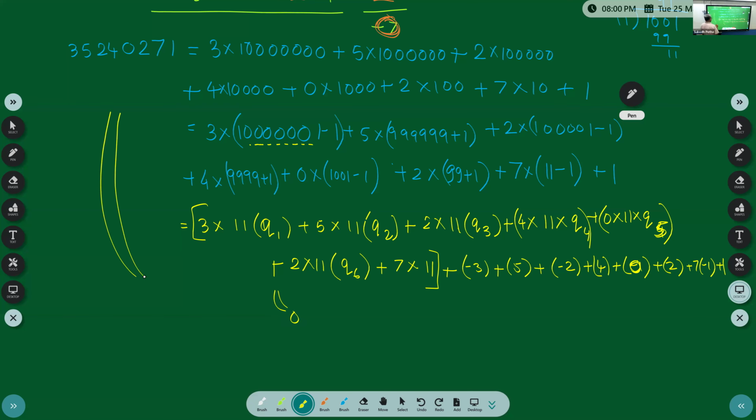Whatever remainder this number leaves when divided by 11 is the remainder left by the remaining terms: plus 5 plus 4 plus 2 plus 1 positive, minus 3 plus 2 plus 0 plus 1, plus 0 plus 7. The remainder left by this bracket is going to be the remainder left by the original number, if the difference is a multiple of 11, and if it is 0, then the remainder left is also 0.